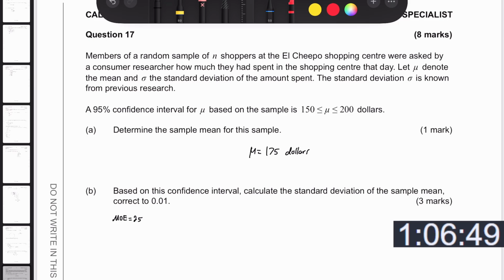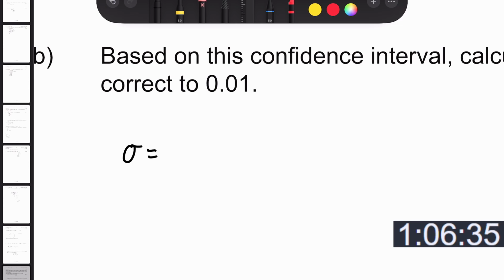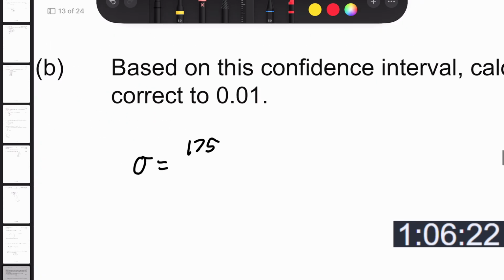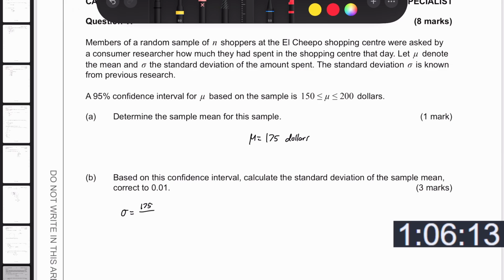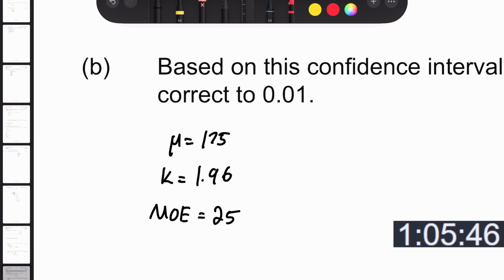Sample mean. Based on confidence, we calculate the standard deviation of the sample mean. Standard deviation would be square root of, so 175 square root. Calculate the standard deviation of the sample mean. Am I stupid? I don't get it. So I know that mu is equal to 175, and that k is going to be equal to 1.96, and my margin of error is equal to 25.